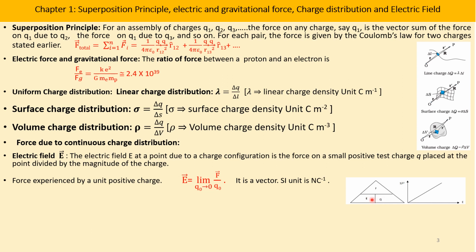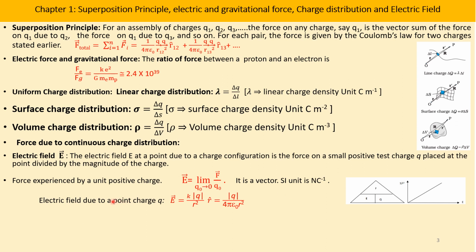So if you want to find E, E is equal to F by Q, or F is equal to E into Q, or Q is equal to F by E. If you plot electric field versus 1 by R square, the graph is shown on the right hand side.